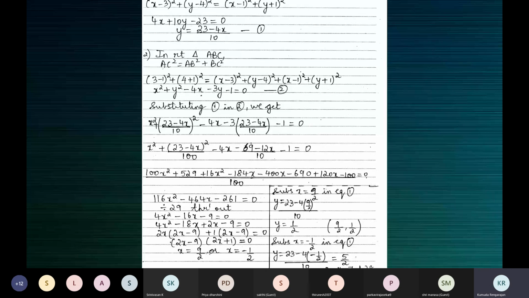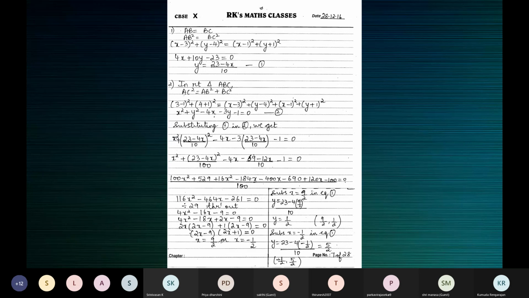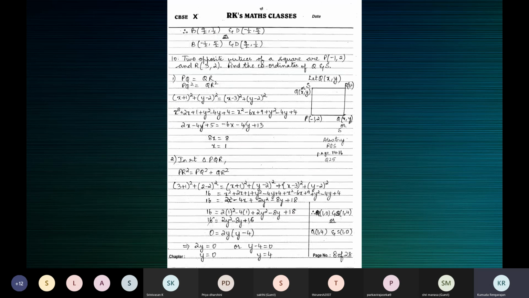If you make a mistake with a plus or a minus, then the entire thing will go wrong, and it's frustrating to find the mistake. So take care, work it correctly in the first shot itself. I hope you took a picture of this one and the next one.